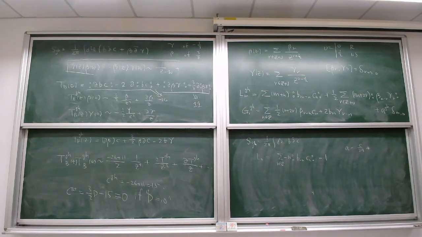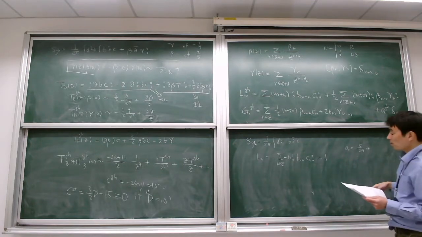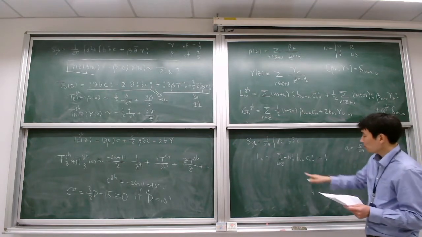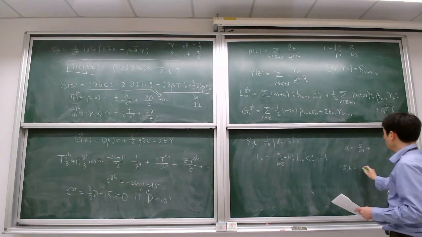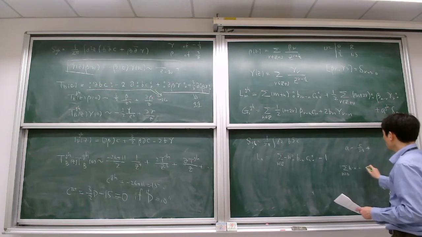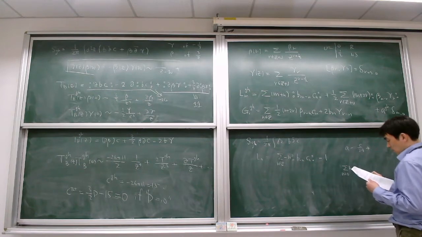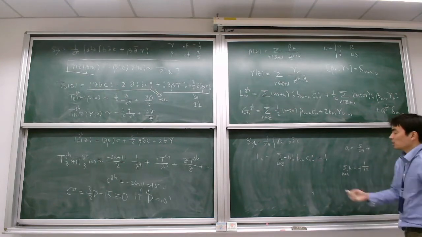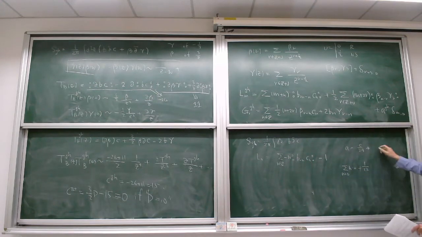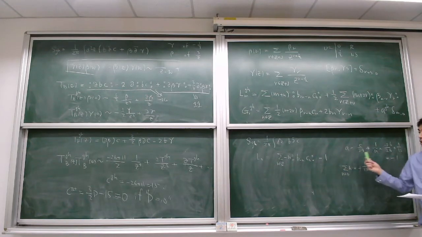And the normal ordering ambiguity is indeed coming from this n, so that the sum of n over n greater than 0 needs minus 1 over 12, and since this is fermionic, the opposite sign, so you have 1 over 12 with the opposite sign, and c is equal to minus 26 over 24 plus 1 over 12, and you get minus 1. That's another way to get to this minus 1.